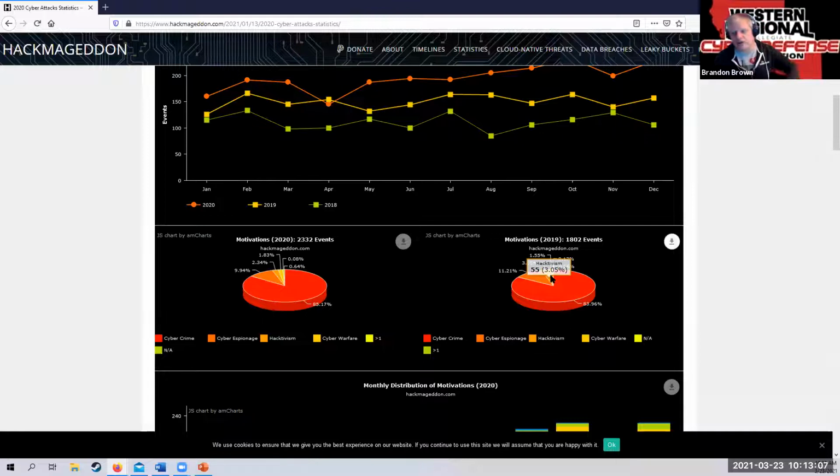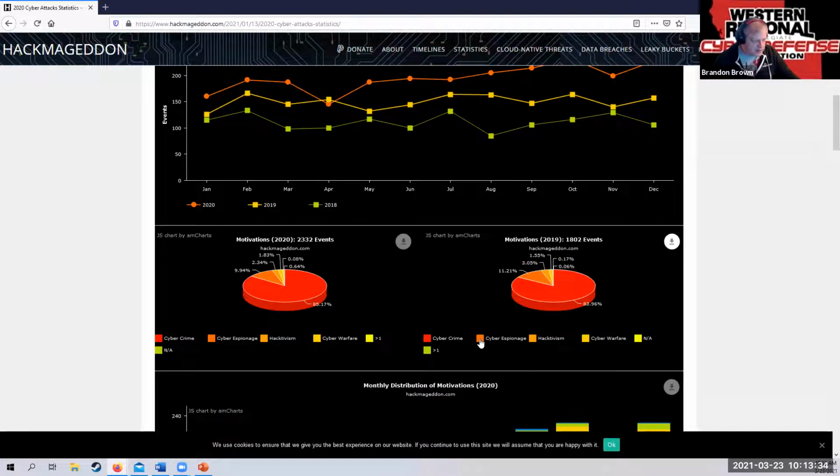If you go back and look 12, 13 years ago, and you can do that because they've been collecting data for a very long time, that's almost flipped. Cybercrime was a very small slice and hacktivism was a huge slice because you had organizations like Anonymous and LulzSec and all kinds of other hacktivist organizations that were really active back then.